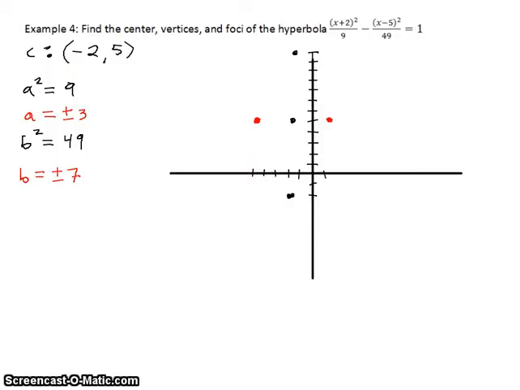However, if you wanted to figure out what those points are formulaically, you would need the center, and you would need to add and subtract onto your x value of your center. The y value doesn't change for the vertices. So I would need to add and subtract 3 onto the x value of my center. That means that I have vertices at -5, +5, and also at 1, +5.